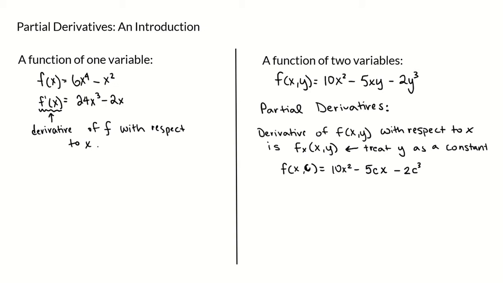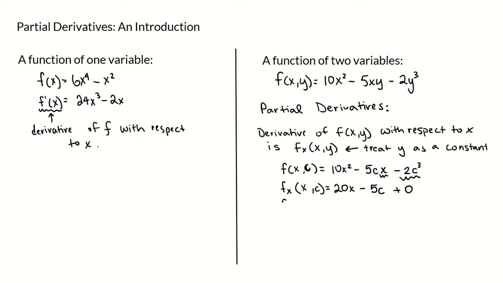And recall that when we take the derivative of a constant, we get 0 if there are no variables with that constant. So now the derivative with respect to x of this function of x and a constant is going to be 20x minus derivative of x is 1, so we just get 5 times a constant, and then minus 2c cubed is a constant number, so we just get 0 there.